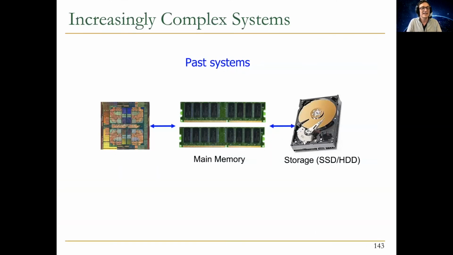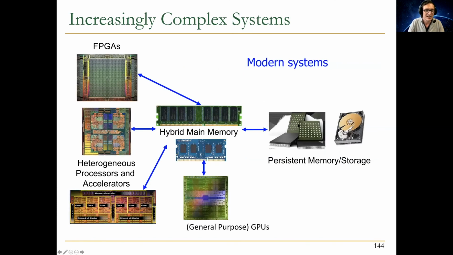Okay, and increasingly complex systems we have today. Past systems looked like a general purpose system: you have processors, main memory, storage. Modern systems are increasingly heterogeneous. You have heterogeneous cores inside a processor. You have dynamic and static heterogeneity. You can dynamically change the frequency and voltage. You can dynamically enable and disable cores. You can have GPUs, and multiple different types of GPUs also.